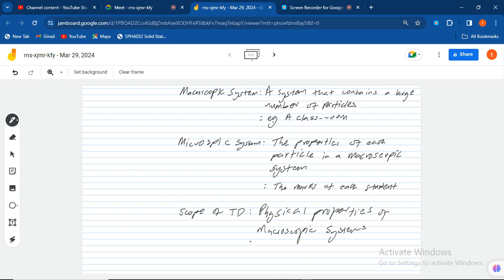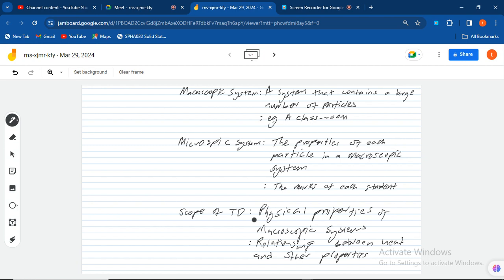And another one is to identify the relationship between it and other properties.